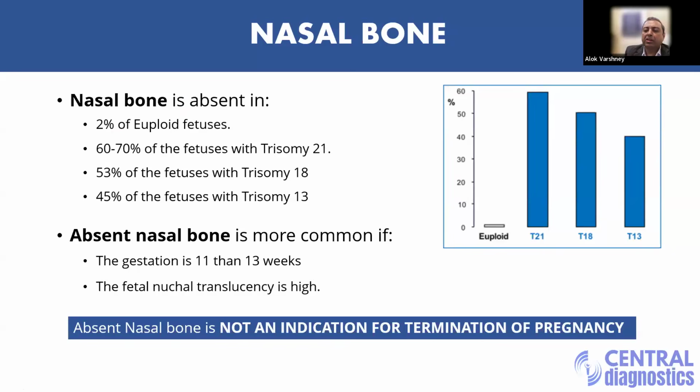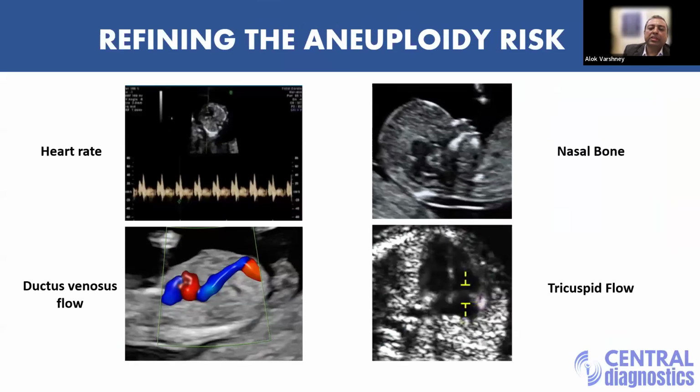This is simply a soft marker, not a very good marker at that. I think all these fetuses should be evaluated further. NIPT is a very, very good method to confirm if there's something wrong or not. Then we can also use the heart rate, the ductus venosus flow, and tricuspid flow for refining the aneuploidy risk.